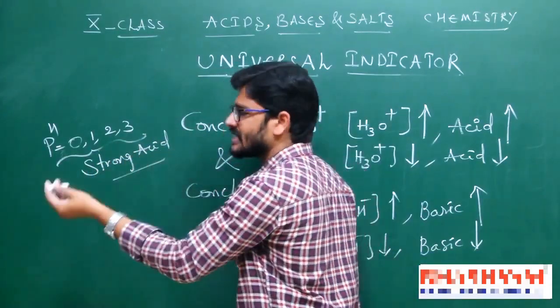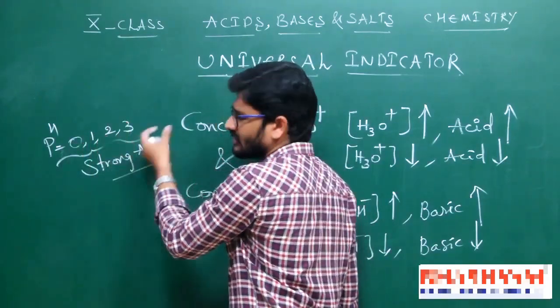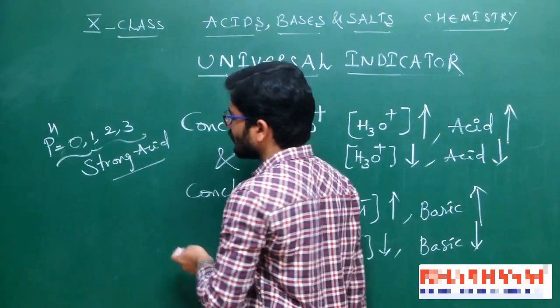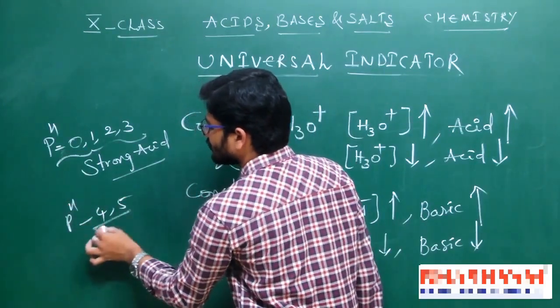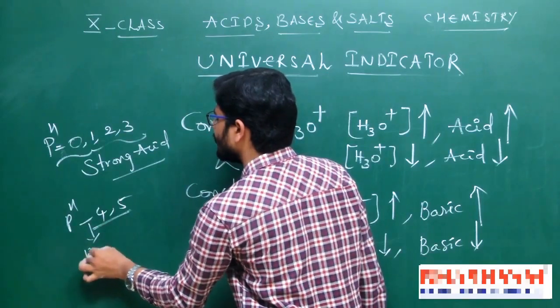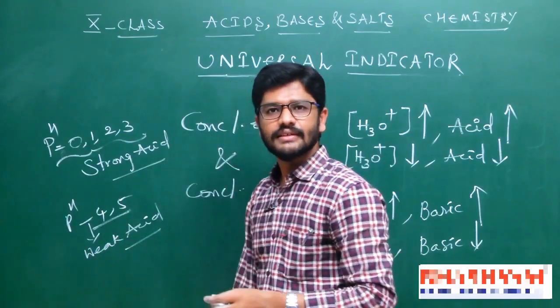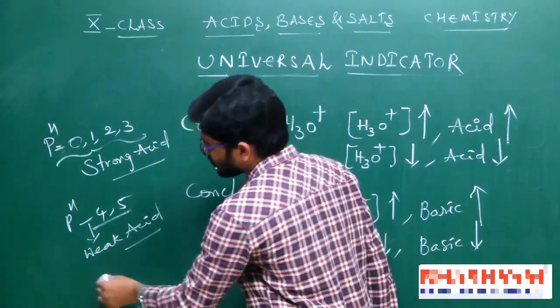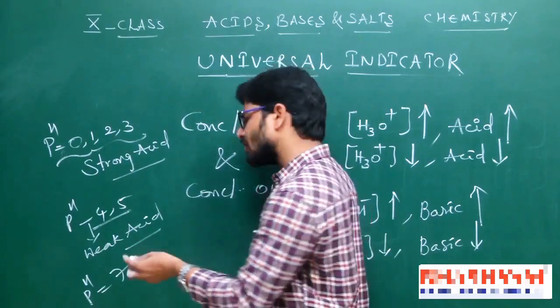If the substances have pH values 4, 5, the substance is generally called a weak acid. Weak acid. Okay.